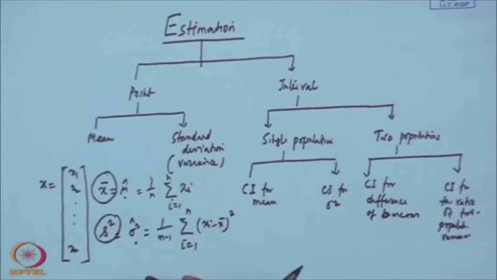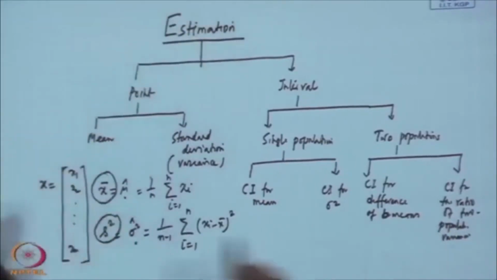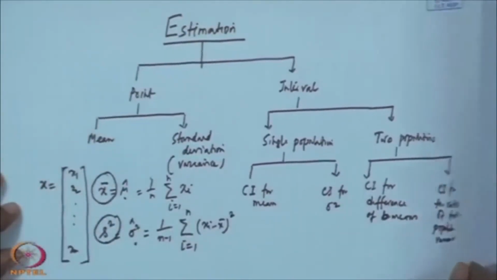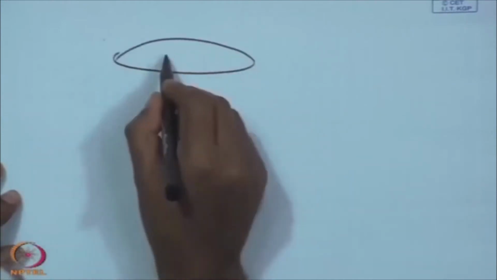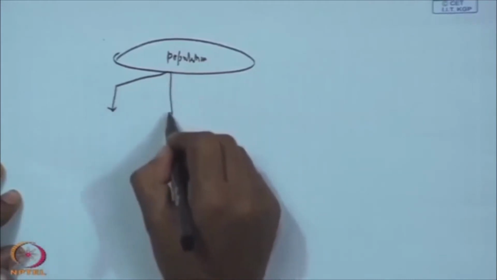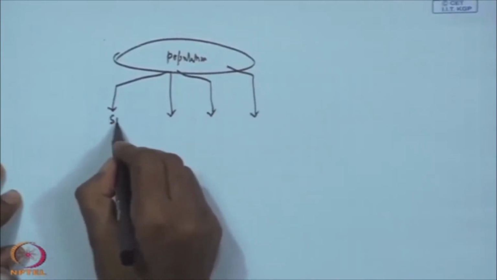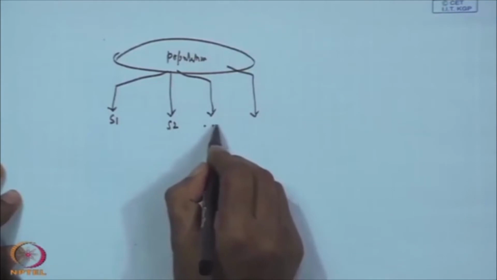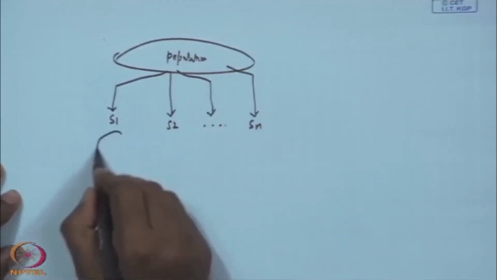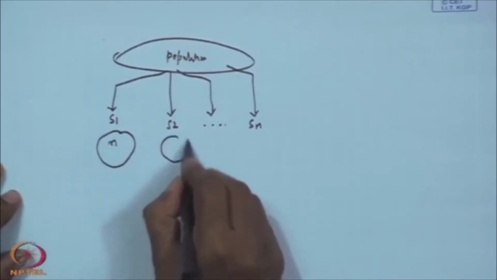Now, as we discussed in the last class, what will happen when I go for several samples collected from a population? This is my population, and I collect several samples: sample 1, sample 2, up to sample n, all with equal sample size n.